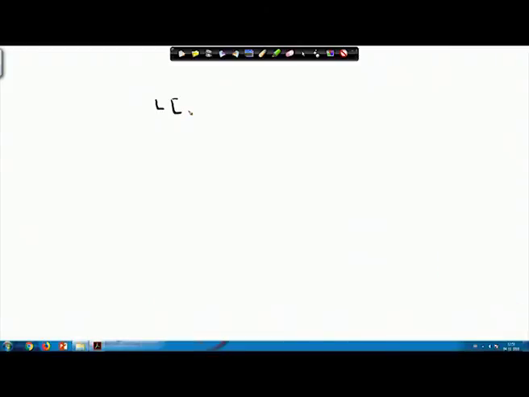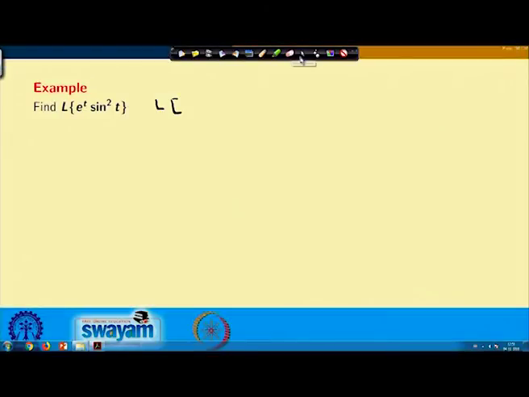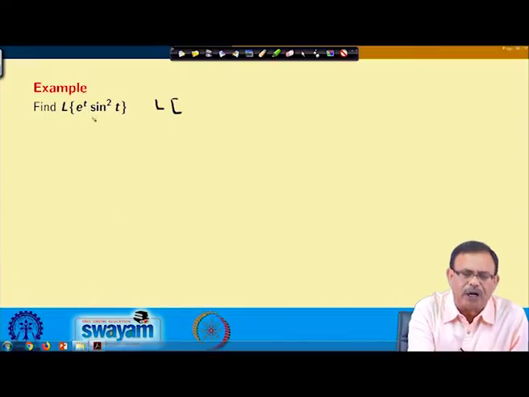Therefore, for this problem, Laplace transform of e power t sin square t, first I will find the Laplace transform of sin square t. Please note this. Then only I will try to apply this.